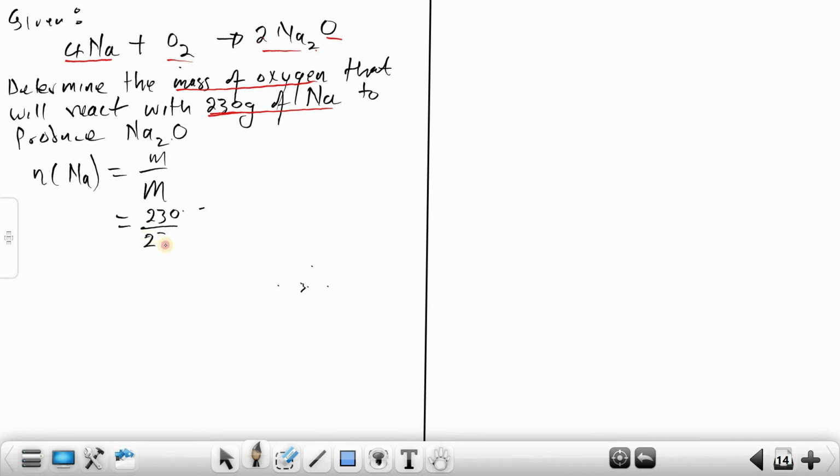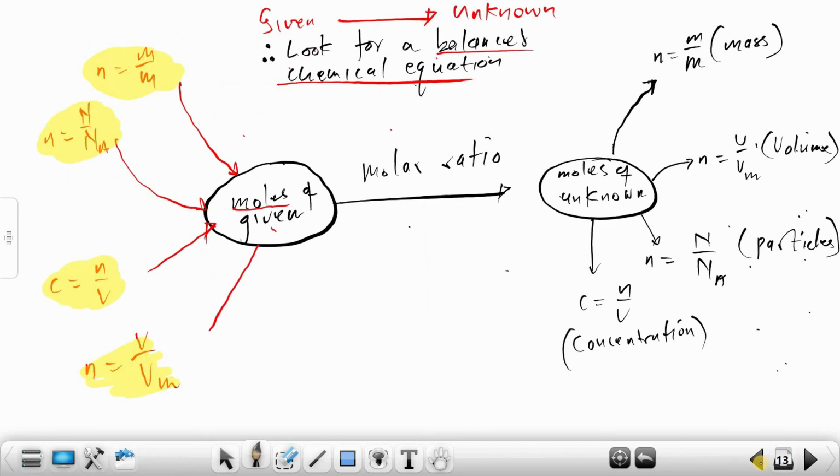Then it's 230 divided by 23 is just 10 mole. But this is just the number of moles. It's not assistive. But the rule said, yes, I am going to get the number of moles.